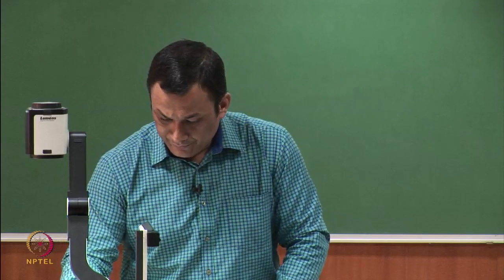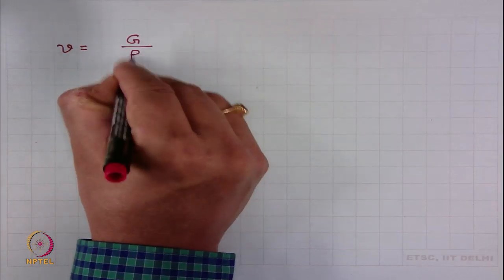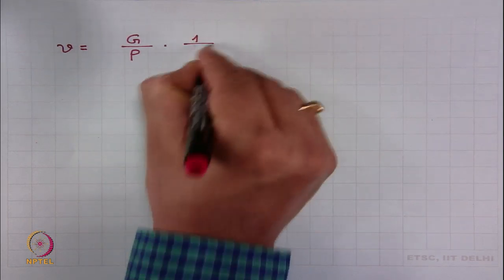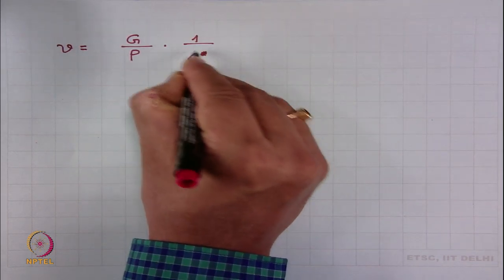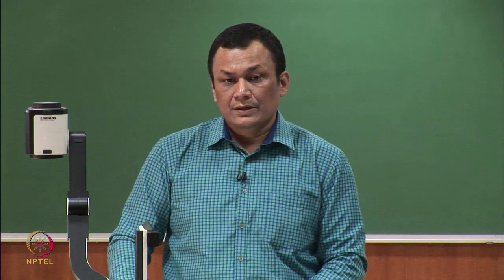So, nu is equal to G by rho into 1 by S star bar. What we do is use the density of the material, we multiply and divide.